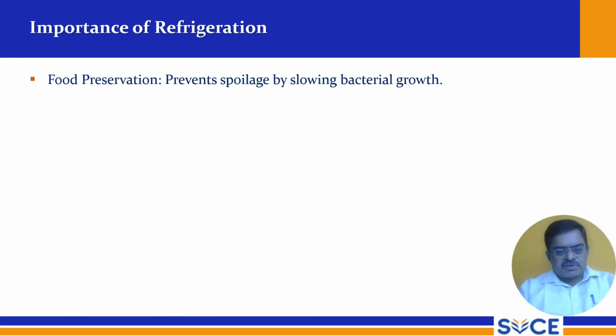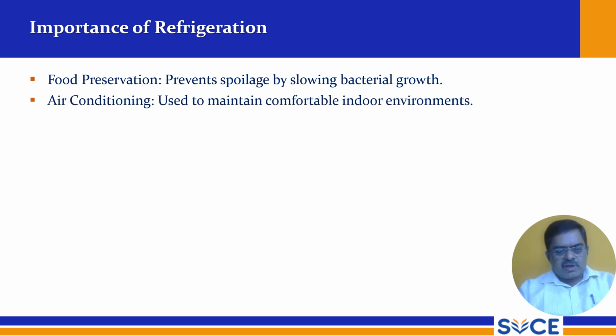Importance of refrigeration: it is required everywhere. Nowadays, there is no household without a refrigerator. It is actually used for different purposes. Food preservation prevents spoilage by slowing bacterial growth. Air conditioning is used to maintain comfortable indoor environments, so it gives us a comfortable environment to sleep or to live.